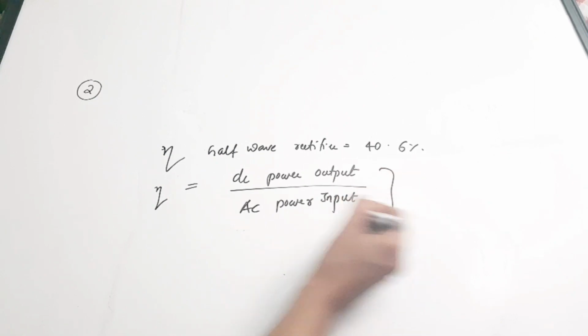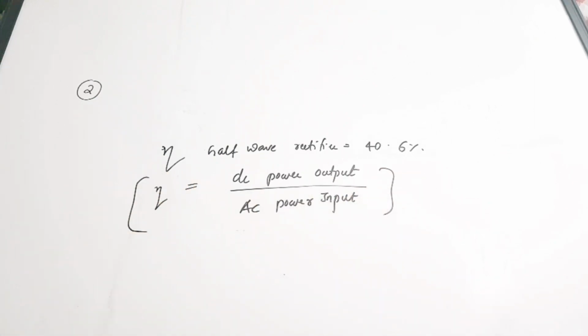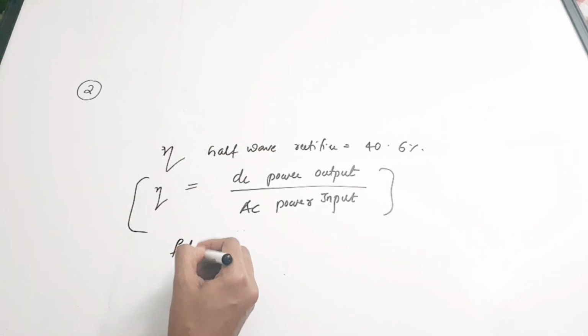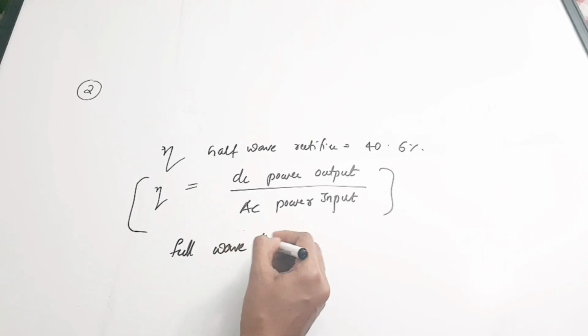So this is the equation for finding the efficiency. Or you can say efficiency for a rectifier is the effectiveness to convert AC to DC. How effective is the rectifier in converting AC to DC? That is efficiency. For a half wave rectifier, it is 40.6%, and for a full wave rectifier, it is 81.2%.